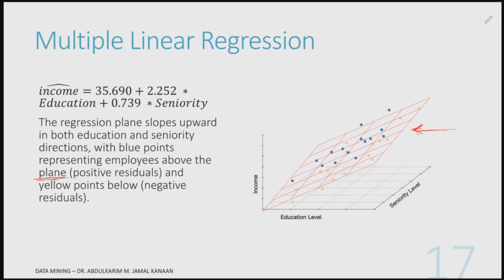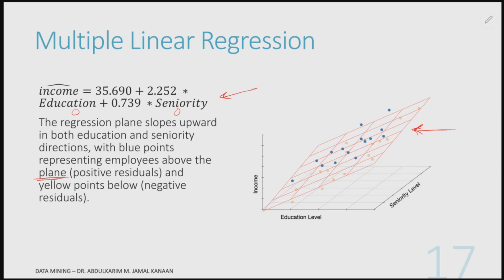Now let's say our equation becomes like this. How do we interpret the results? Again, we can say the minimum income on average is 35.69, regardless of education and seniority. That means if we assume education is 0 and seniority is 0, it's not there inside the equation, then this is theta 0.